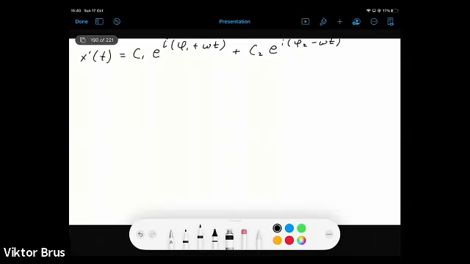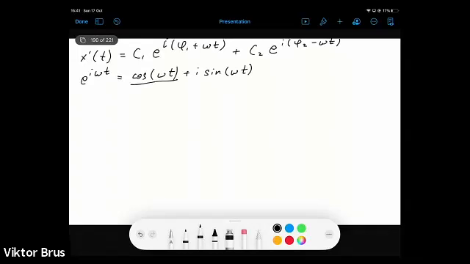Okay, so now we apply Euler's formula. Let me write it down again so we have it in front of us. Exponent to the power of i ωt will be equal to cosine ωt plus i times sine ωt.